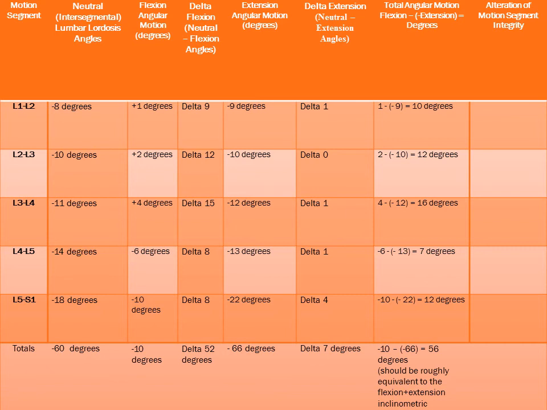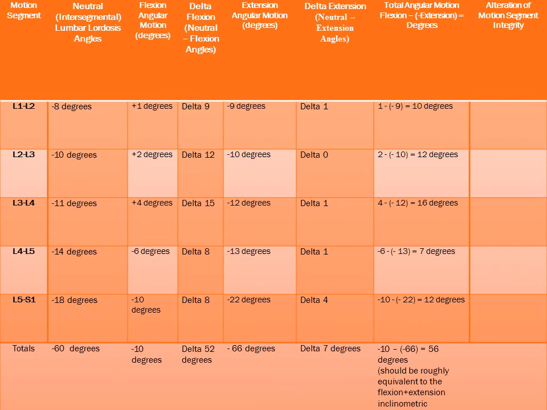At L2, L3 the total angular motion is 12 degrees. At L3, L4 the total angular motion is 16 degrees. L4, L5 is 7 degrees, and at L5, S1 is 18 degrees.